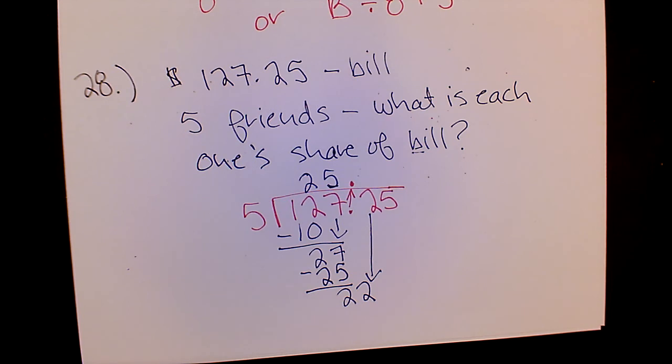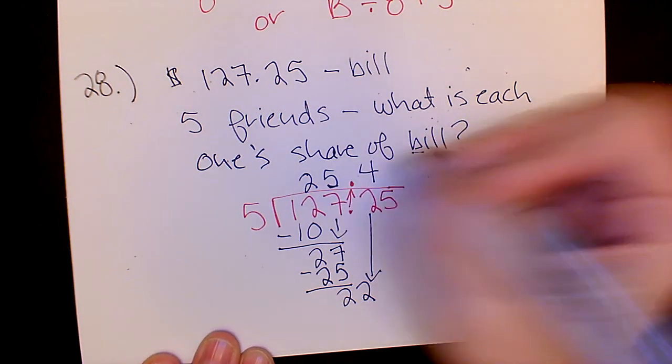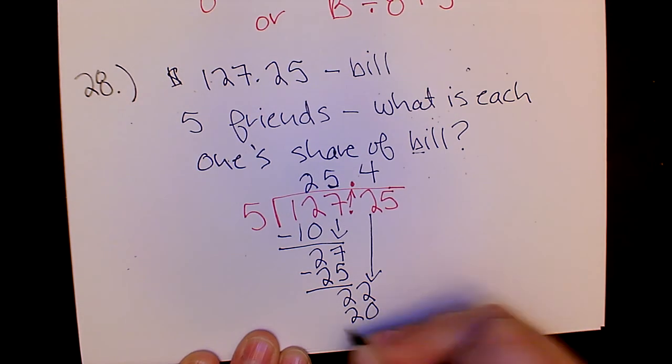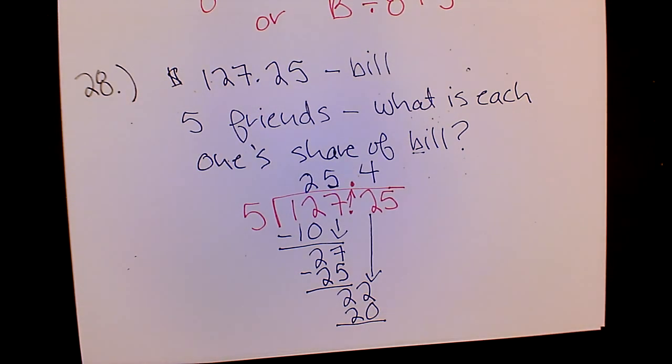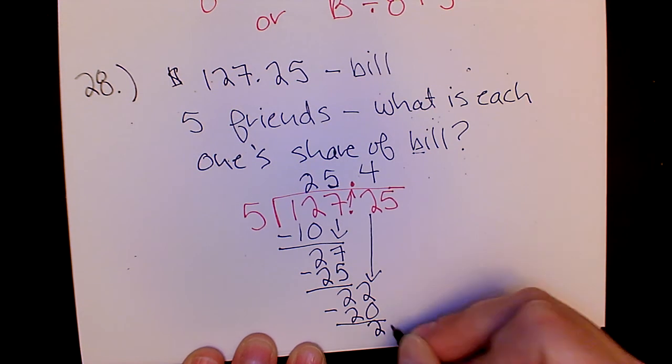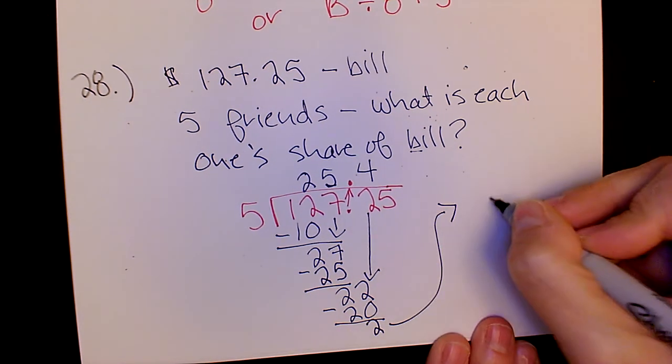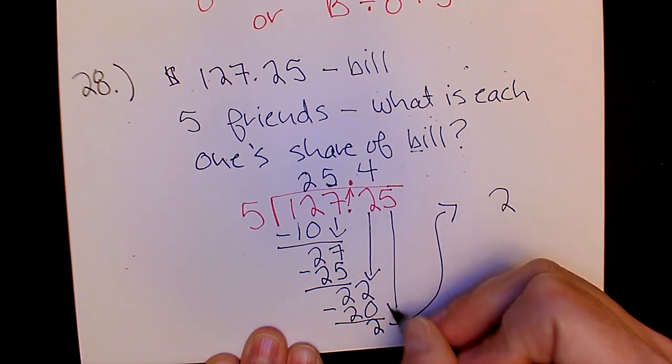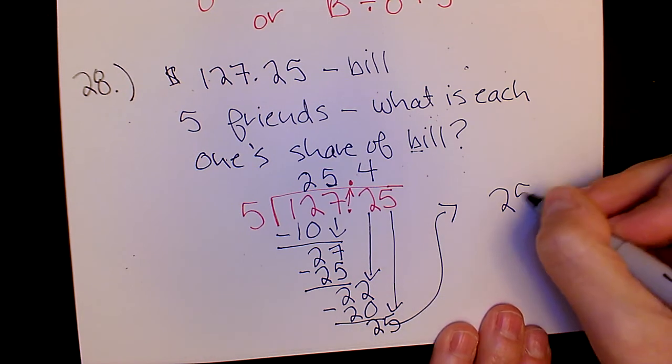Does 5 go into 22? Well, 5 times 4 is 20. So 22 minus 20 is 2. I'm going to bring down the 5.